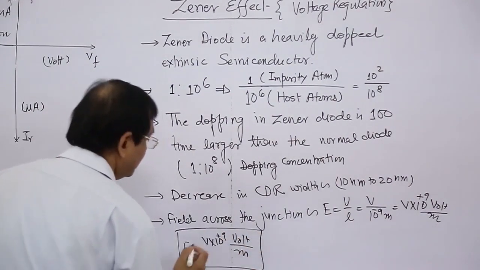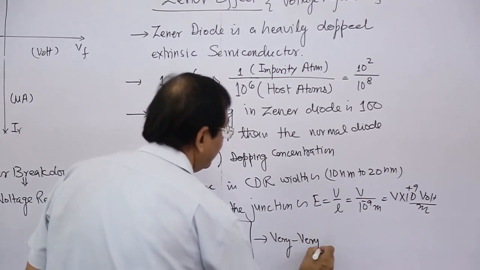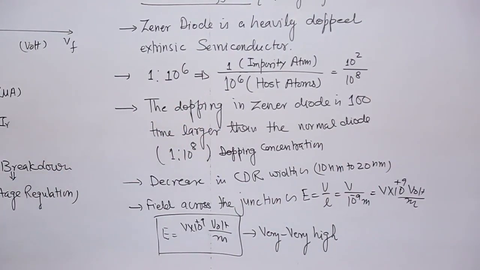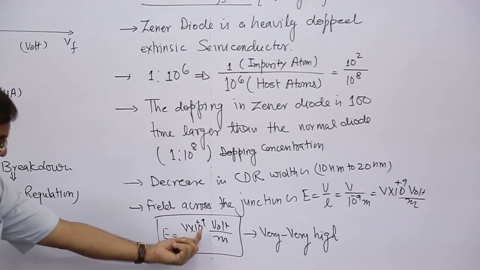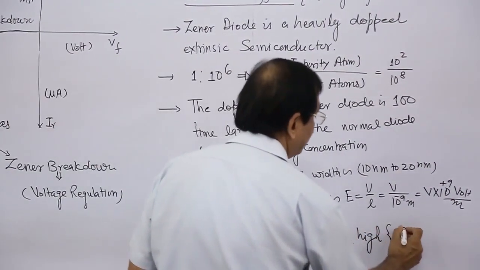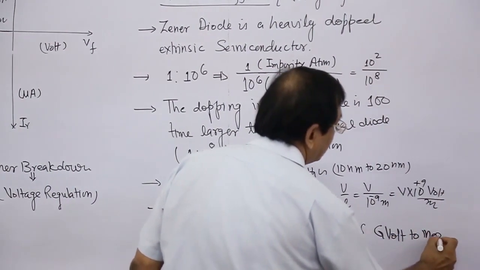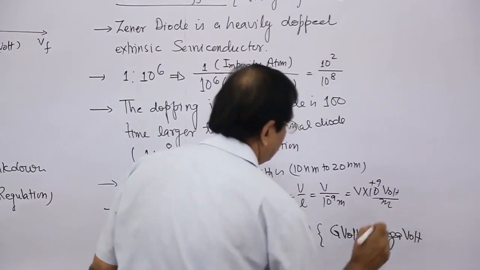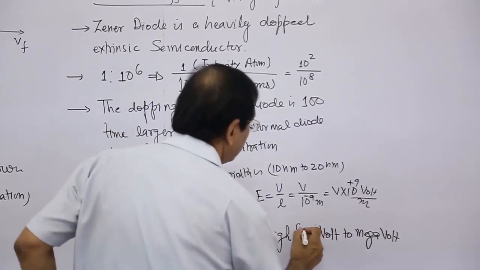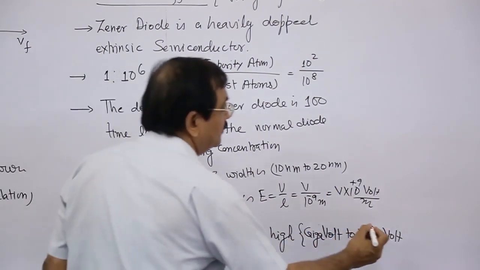This field is very, very high, sometimes gigavolt to megavolt per meter.